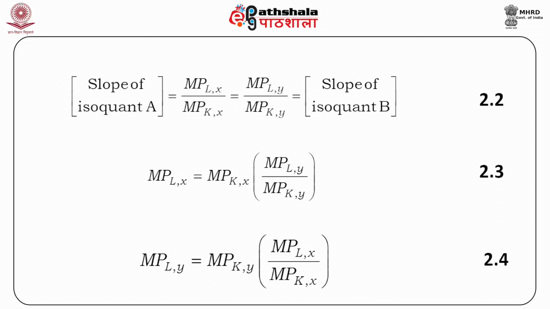This is equation 2.2. Therefore, if we were to take the MPKX onto the right hand side, the equation would become MPLX is equal to MPKX into MPLY divided by MPKY, and this is equation number 2.3.